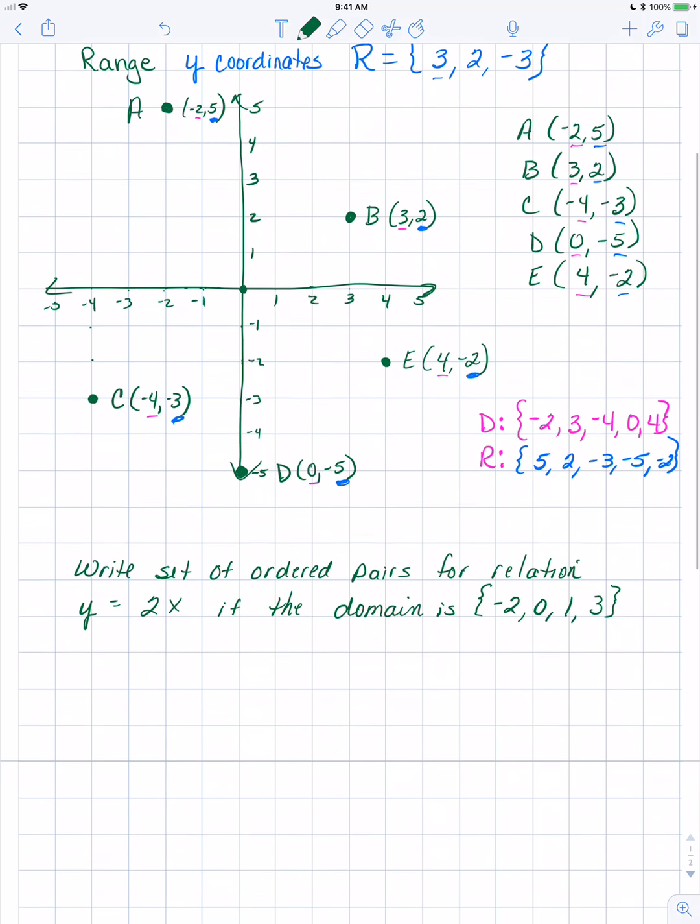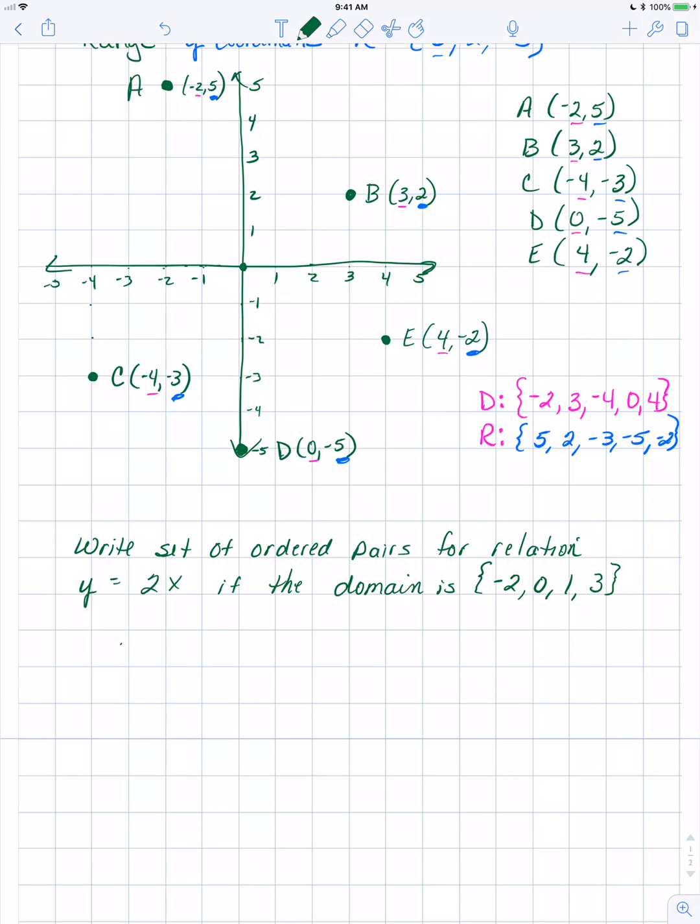Well, remember, domain are those x values. So we're given x values of -2, 0, 1, and 3. We're given the equation y is equal to 2x. And so our goal here is to come up with the ordered pair, which means we need the y value for that.